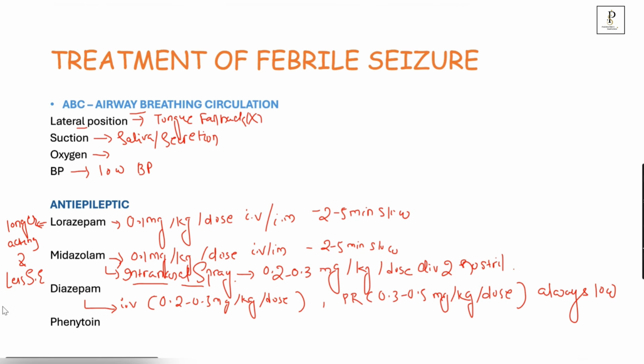Side effects as in, what side effects can diazepam cause? That is respiratory depression and hypotension. If given rapidly, diazepam can cause respiratory depression and hypotension, and these side effects are less with lorazepam and midazolam.